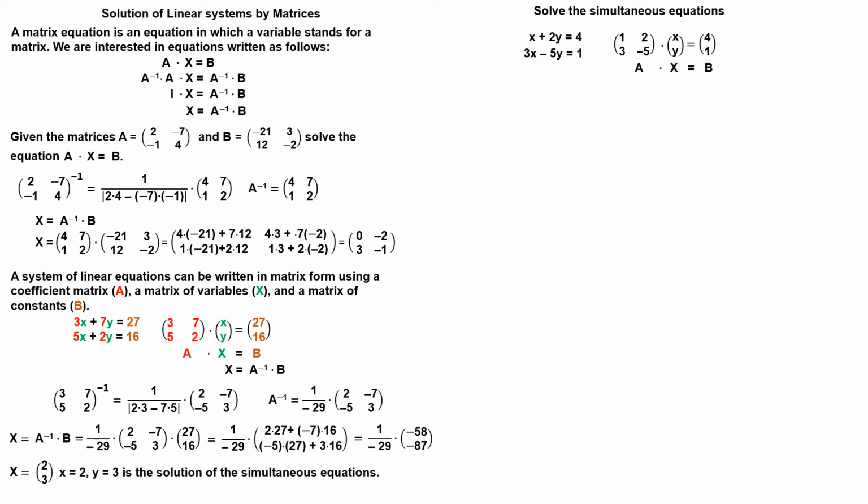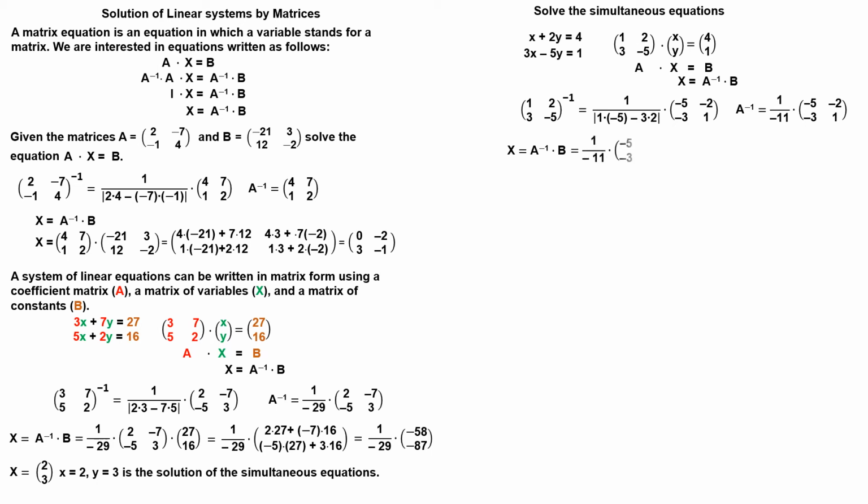To solve this equation, we multiply the inverse of matrix A by matrix B. Let's find the inverse of matrix A. To get the matrix X, we multiply the inverse of A by matrix B. X equals 2, y equals 1 is the solution of the simultaneous equations.